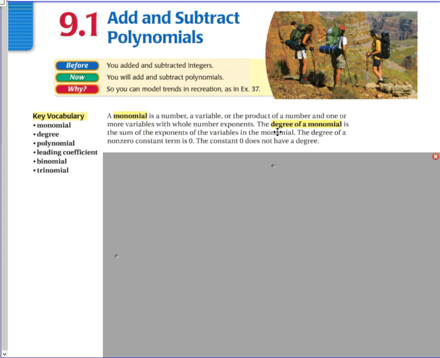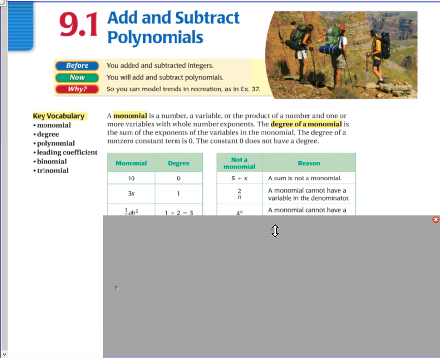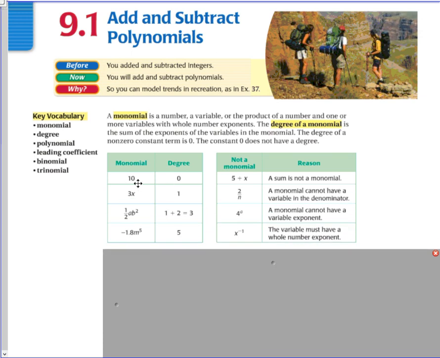The second part is the degree of a monomial. The degree of a monomial is the sum of the exponents of the variables in a monomial. For example, a monomial could be 10. The degree is 0 because there is no exponent.